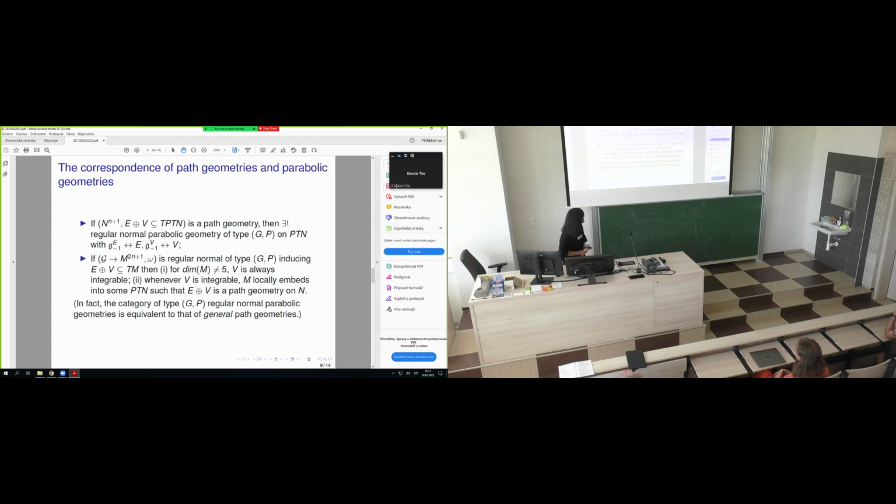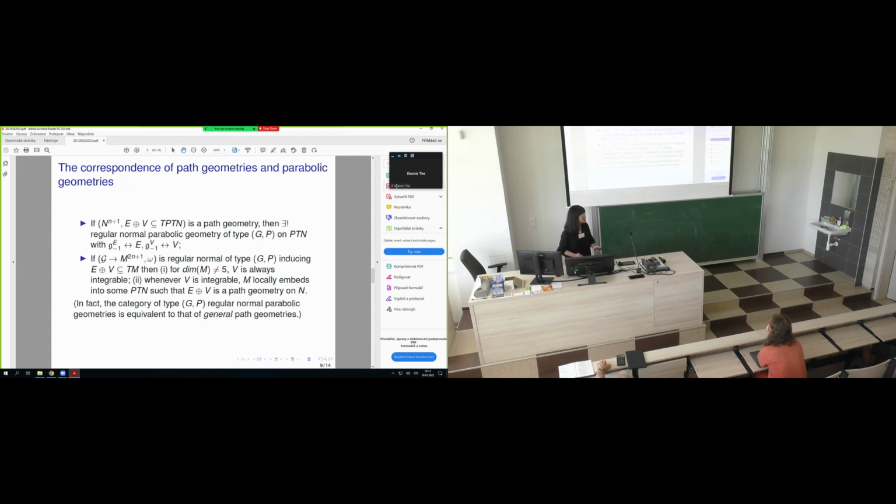Conversely, if we have a regular normal parabolic geometry of type (G,P), then there are two claims from the general theory. First is that the underlying V is always involutive if the dimension of M doesn't equal 5.